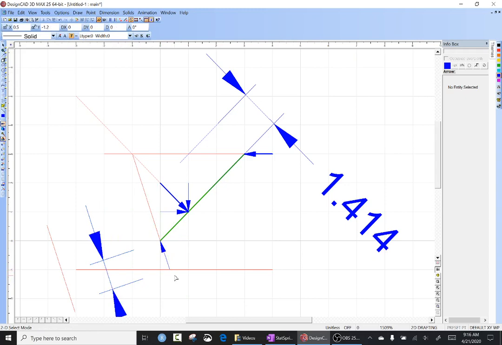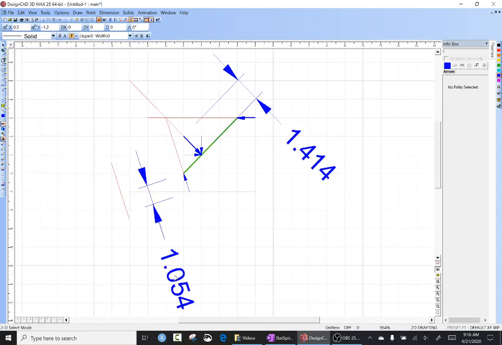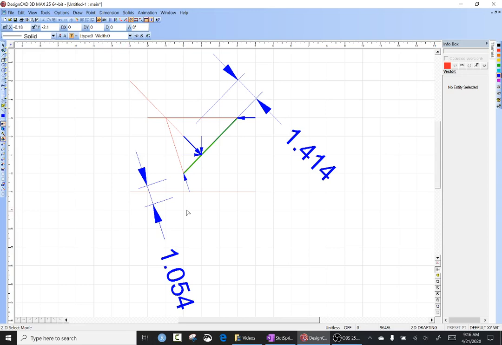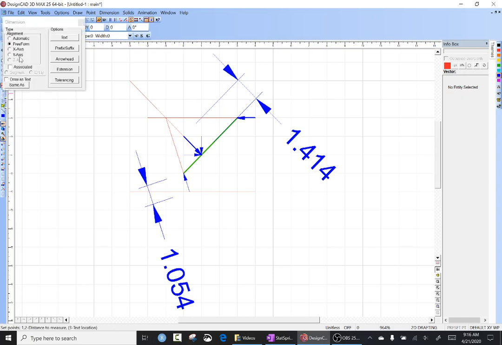Okay. I don't really need that anymore. What I also would like to have is the x dimensions.